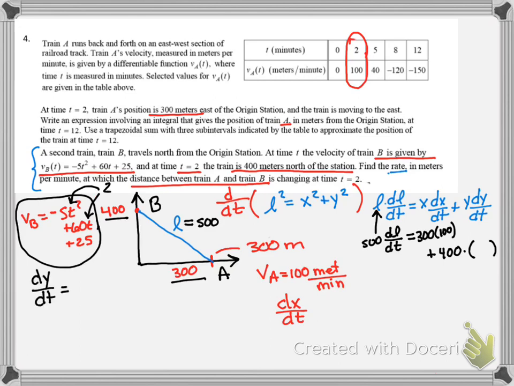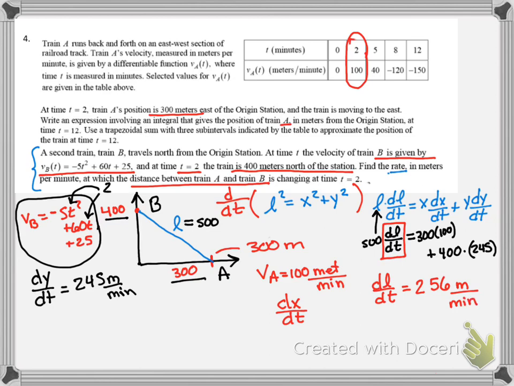When we run that calculation, we get 245 meters per minute. So that'll go here, 245. And now dL dt is the only thing we don't know. After some calculations, you'll find that dL dt is equal to 256, also meters per minute.